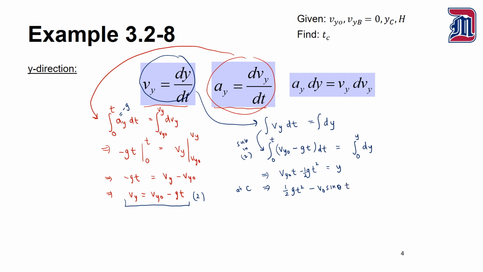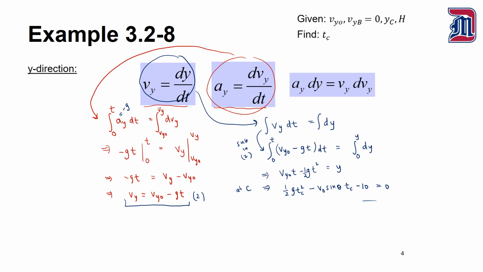Then already on the right-hand side was y, and at point C, y is equal to minus 10. And I'll identify that the time is at point C.